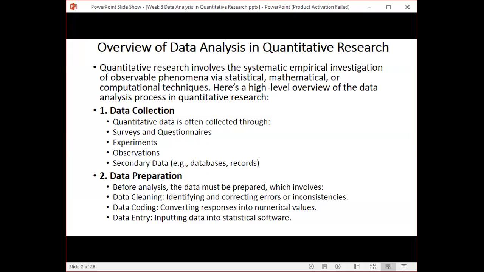After that, you prepare the data. If the data is primary, a lot of work has to go in because the data has to be coded, and first of all, cleaned. When we say cleaning, we are talking about any sort of errors and inconsistencies that might happen in your data collection. Okay, skip pattern. So you ask the question, how old are you?